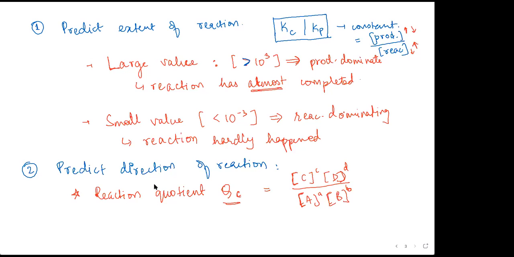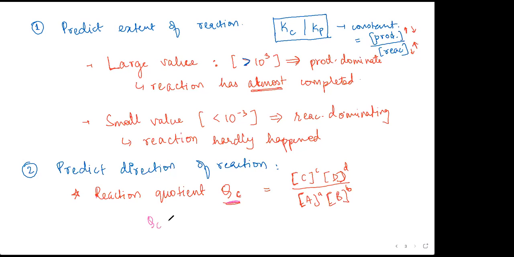All these different factors and variables are constantly getting recorded from time to time. One of such factors is reaction quotient QC, which you can take at the start of the reaction, or at the end of the reaction. It solely depends on the concentration of products upon the concentration of the reactants.